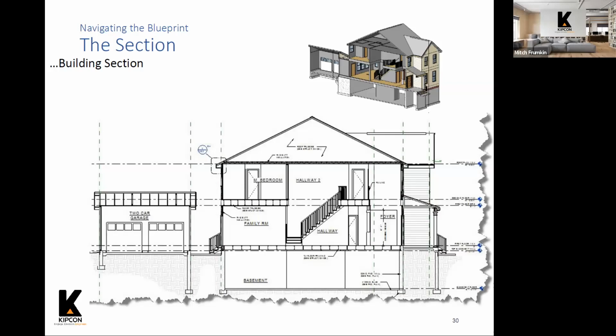So it gives you the elevations of the floor assembly, the underneath of that floor, which we oftentimes call the ceiling, and then the floor elevation above that. The elevation of the top of the floor is generally to the top of the subfloor, so that's minus any carpeting or floor finishes that you might be putting in. But you can tell how high the rooms are in each of the floors.